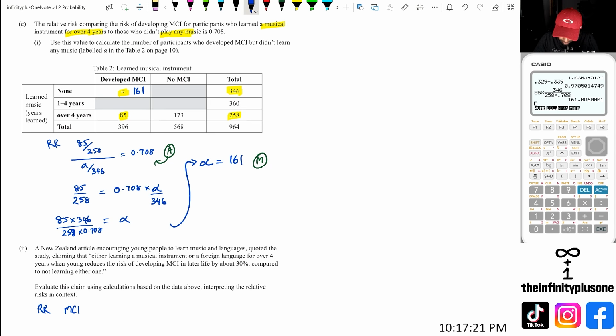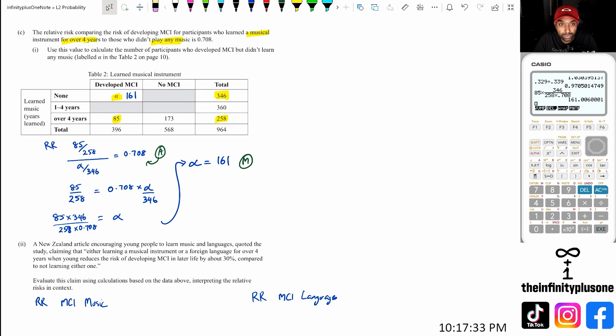So MCI with music. Then we're going to look at the relative risk of MCI for languages. Now, with the music one, that's already given from the previous question, because that's actually given right here. Instrument for over 4 years who didn't play any music is 0.708. So that risk is already given.